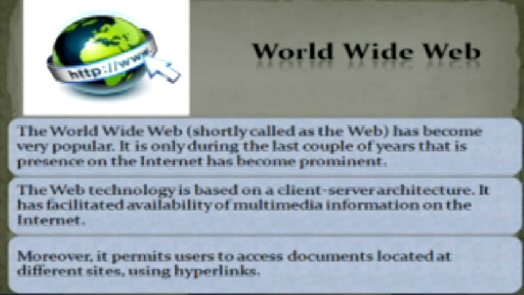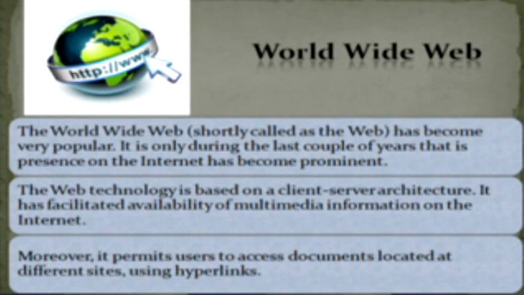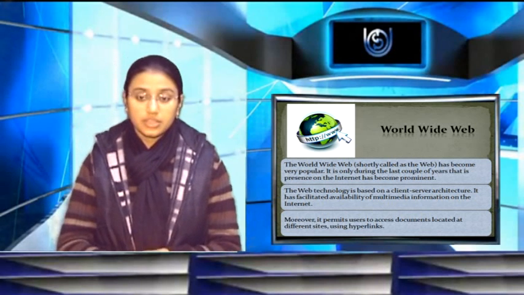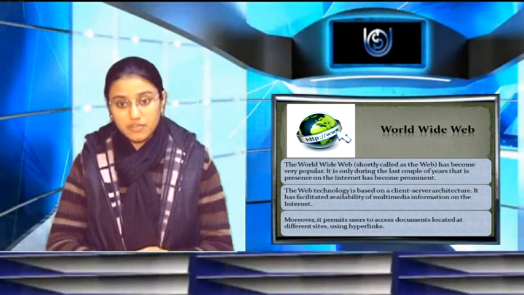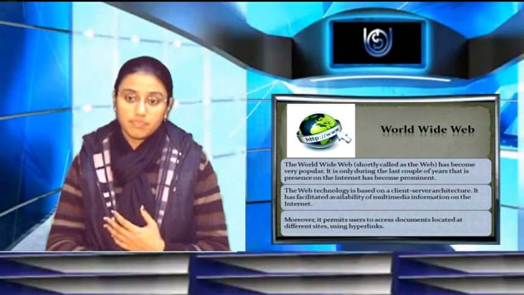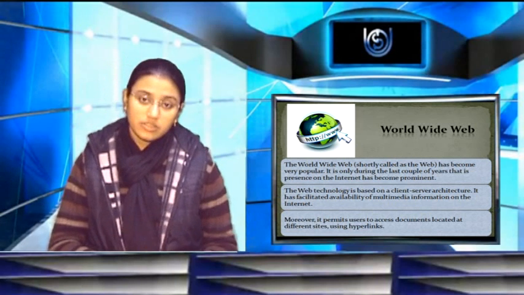Now, what is the World Wide Web? The World Wide Web, or www, which is a short form of it, is very popular, and it gives a path, an area, in which the client and servers perform their roles. It helps companies provide information about their businesses and practices at a worldwide level.